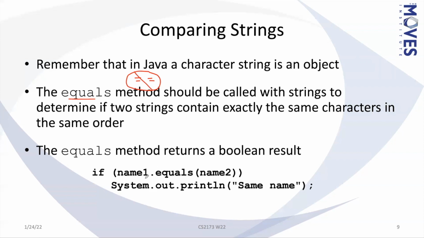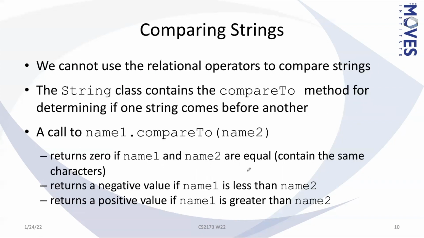So here's how we do it. If I have, say, name1 and name2, if these are both strings, I can call equals, and this will be true if they have the same characters and false if they don't. It also has something called the compareTo method.